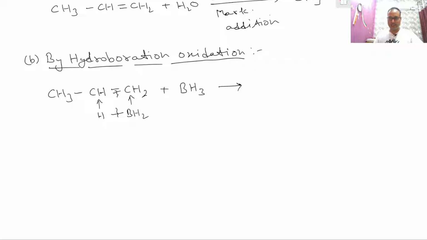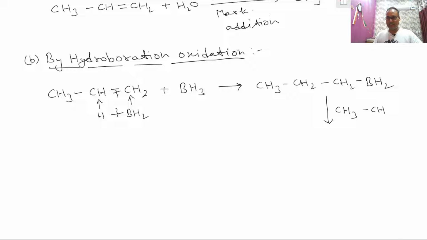So this will be adding as CH3 CH2 CH2 and then we have BH2. Now we have two more hydrogens present on this boron. So first let us react one more molecule of the alkene with it, and similarly we can have (CH3CH2CH2) whole twice BH.